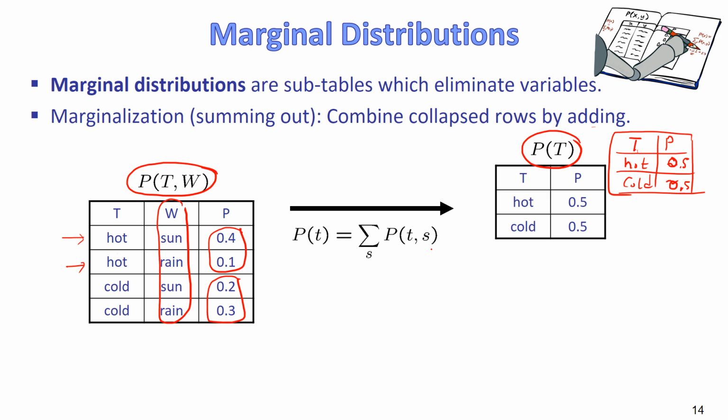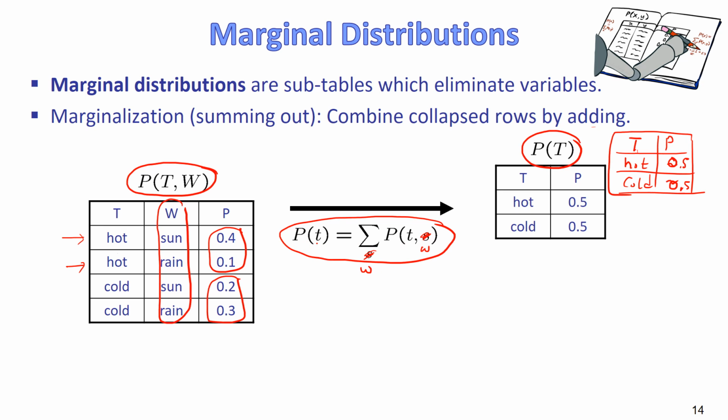So here is the equation for it. If we have a variable t we want to get the probability for, we sum over the other variable s. Here, s is w in our case, so let me make it w to be consistent with the example.